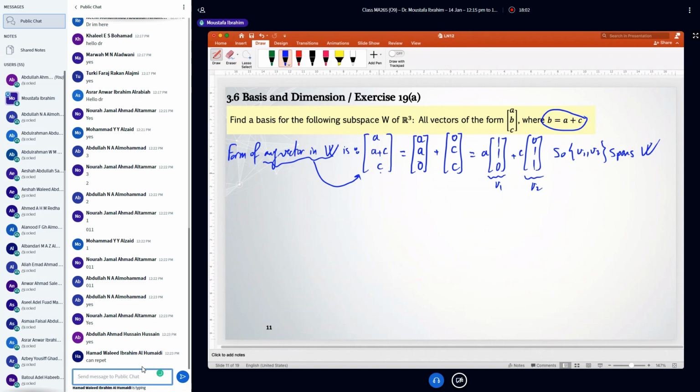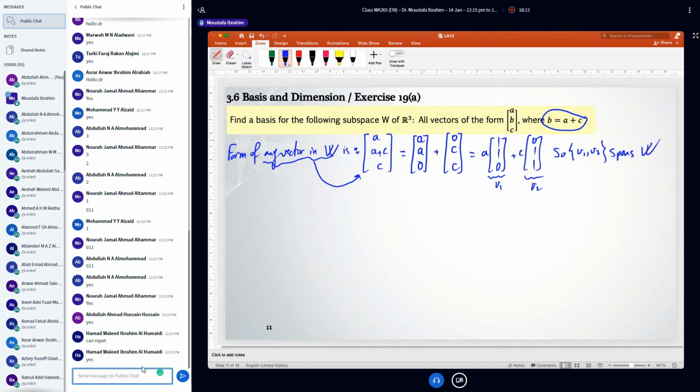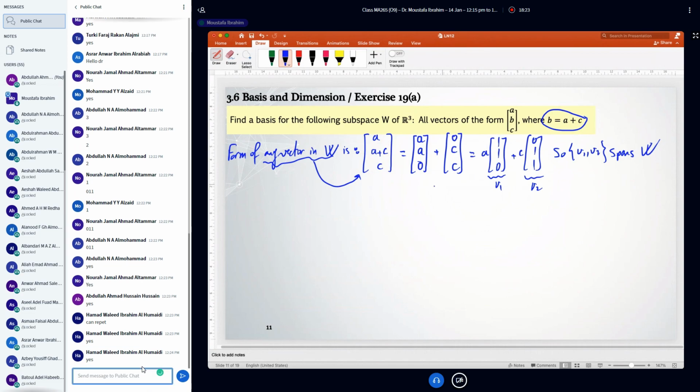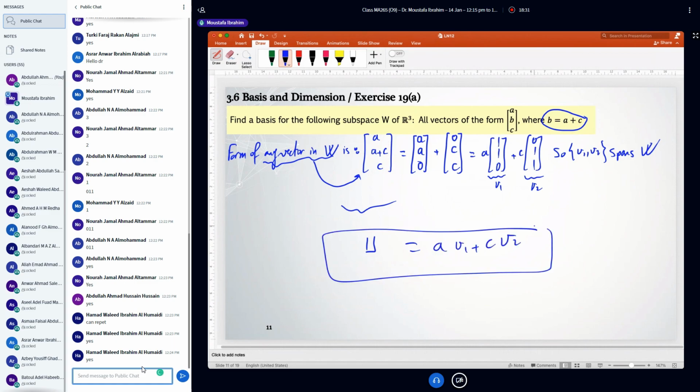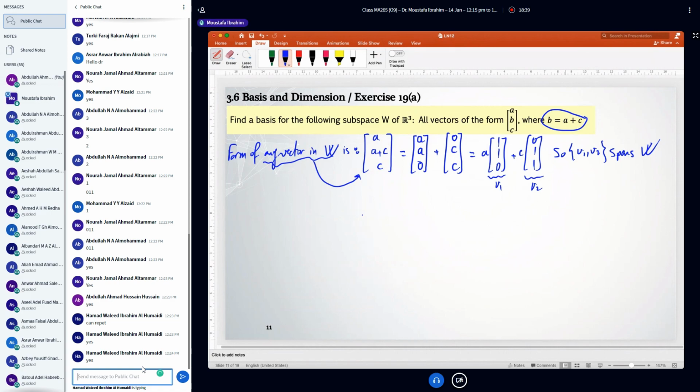You take any vector, you split it, you have two parameters, you split it into first parameter and second parameter. Then if you put A outside, you get 1, 1, 0 as common factor. If you put C outside, 0, 1, 1, correct? So look what we have: any vector u is equal to A v1 plus C v2. This is the definition of span. Remember span? So v1, v2 span W.